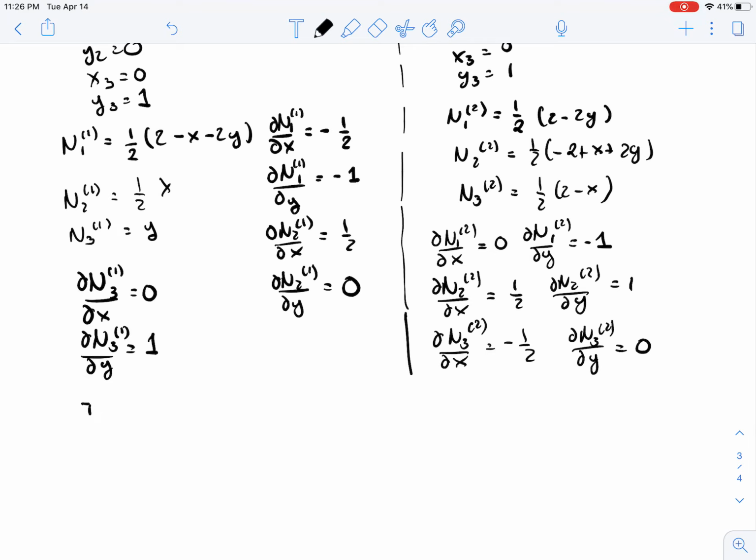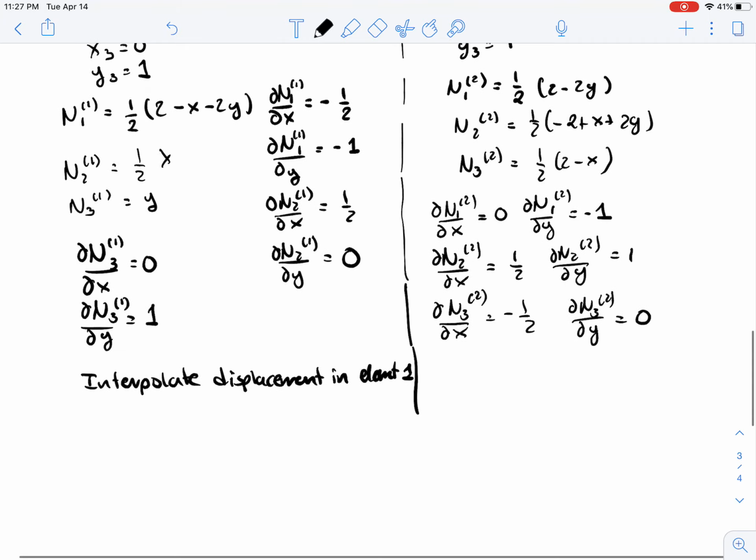So then I can actually interpolate the function, the displacement, inside of the triangle. So you can interpolate the displacement in element 1.